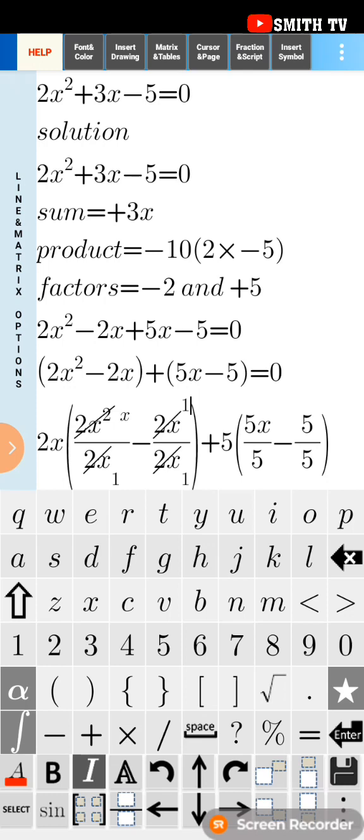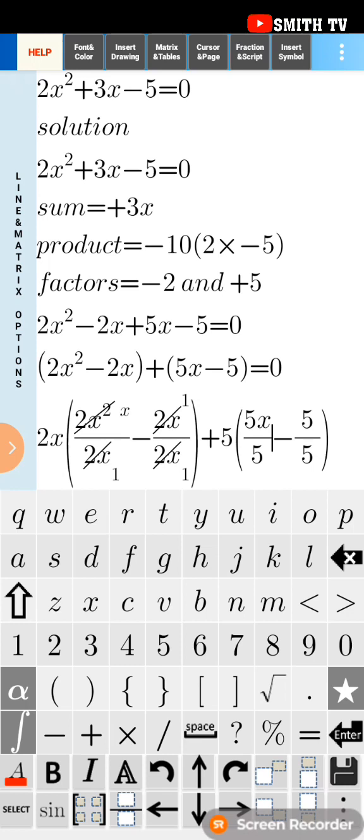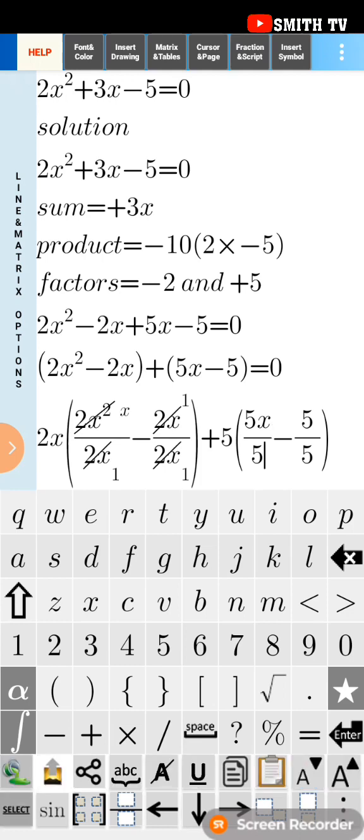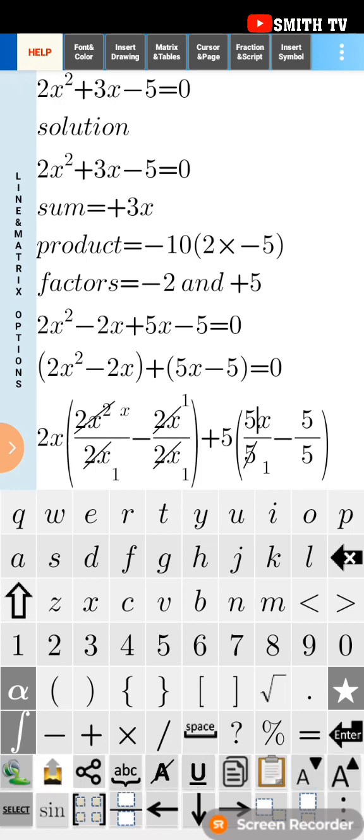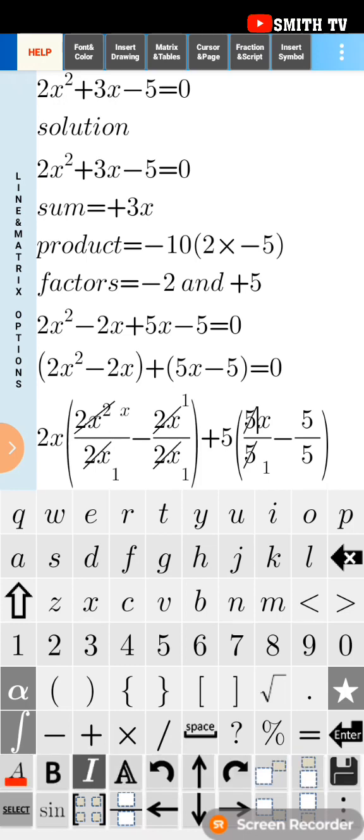Do you get that? Now dividing here, 5 and 5 will give me 1, and 5 also in 5 will give me 1. So I'm having x left. Then comes the next fraction.